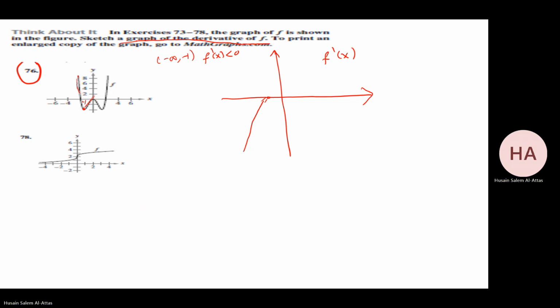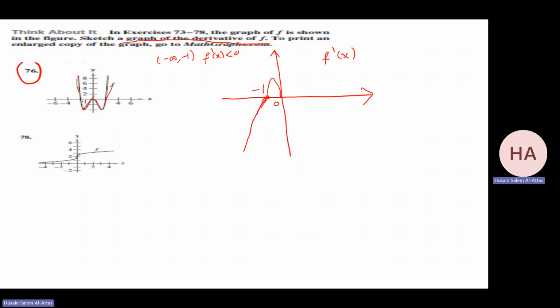Since it's negative. Now, from -1 to 0, the slope is positive. So it will do something like this. Here is -1, here is 0. Then it goes back to 0. From 0 to 1, it will be negative. And from 1 to infinity, it will be positive.